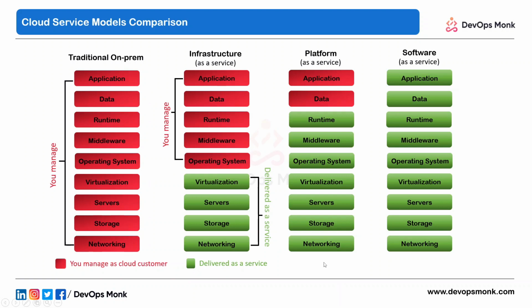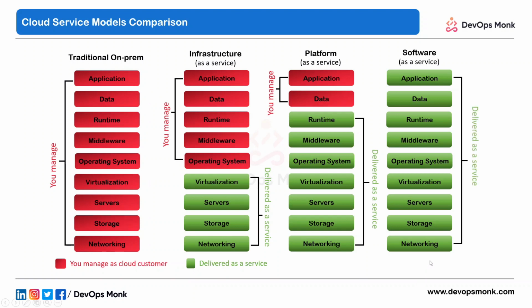In the platform as a service model, cloud service providers manage the physical, OS, and platform layers, and our main goal is to focus on the application and data layers. Lastly, in the software as a service model, cloud service providers offer the entire software as a service. We can simply use it with zero maintenance responsibilities.